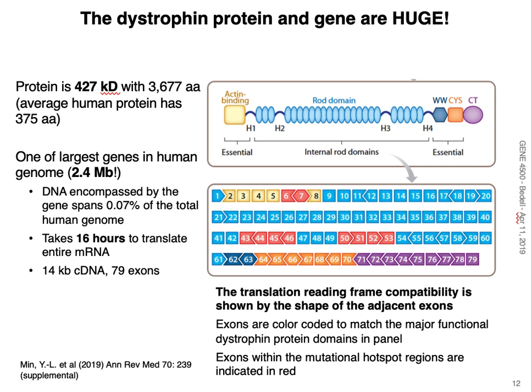14,000 nucleotides. Okay, lots of exons. Now you don't have to know all the details of all of the color coding and all the different domains, but this is from that extra supplemental review article that I assigned. So here's the actin binding domain.